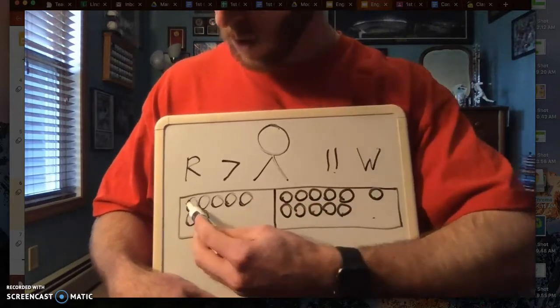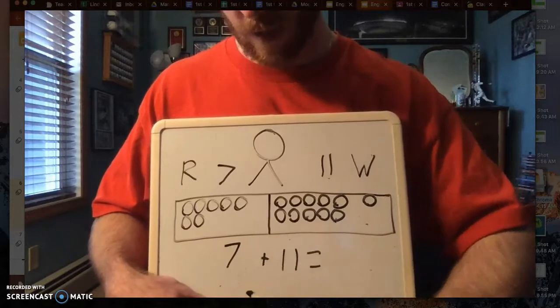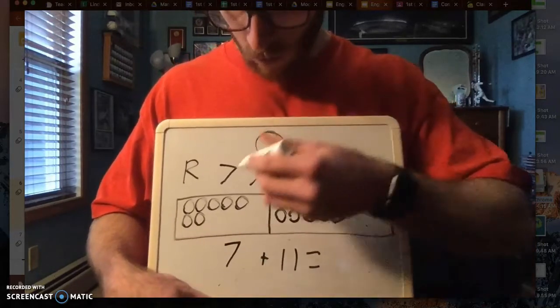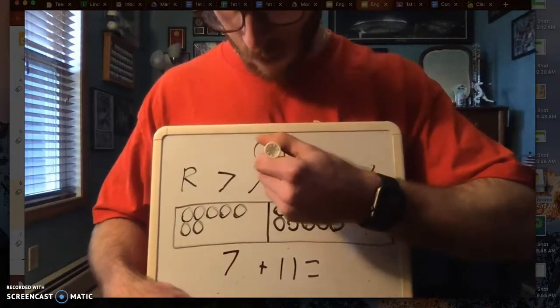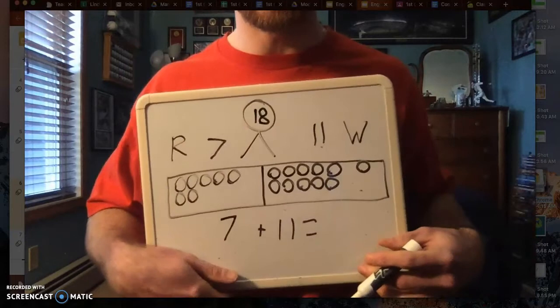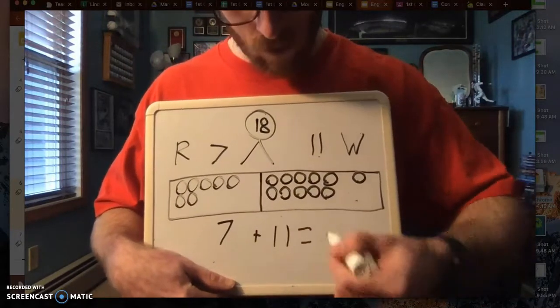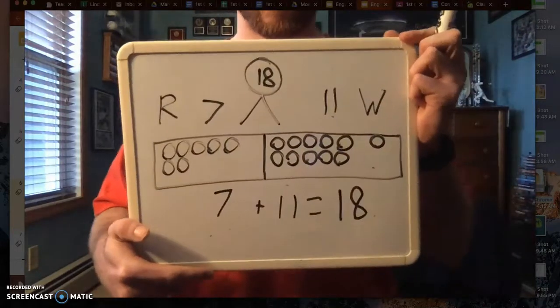11, 12, 13, 14, 15, 16, 17, 18. So we have 18 circles all together. That must mean that they drew 18 pictures all together. So 7 plus 11 equals 18. All right, look at all that work you did.